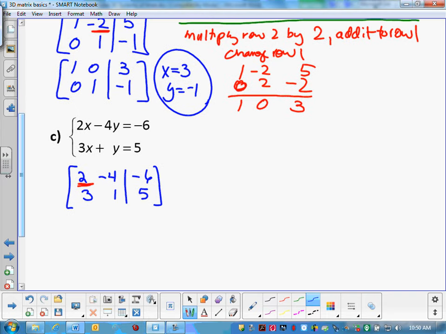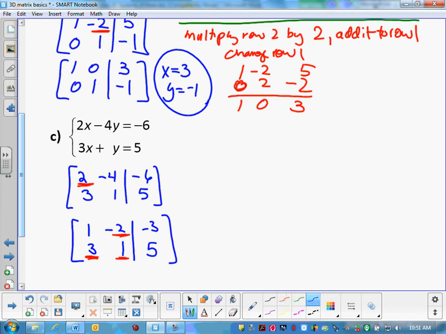I'm going to divide everything by 2. So divide that top row by 2 so that it becomes 1, negative 2, negative 3, and then 3, 1, 5, and then continue through where you get a 0 here. Probably this is going to change, but you may still need to get a 1 there and a 0 there.